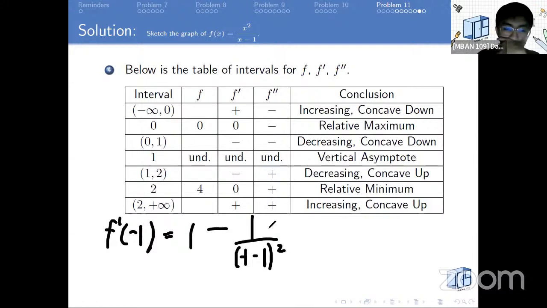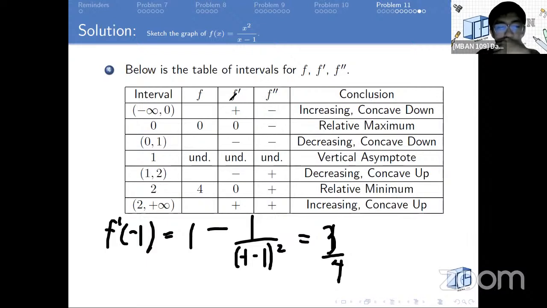So mangyayari dyan, 1 minus negative 1 minus 1, negative 2, tas square niyo siya 4, tas 1 minus 1/4 is 3/4, which is clearly positive. So kaya positive yung nilagay dyan sa f prime when yung interval natin, open interval negative infinity to 0. So yun yung ganun ka magko-compute.